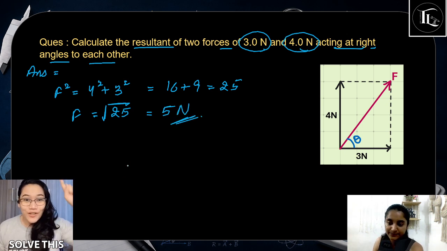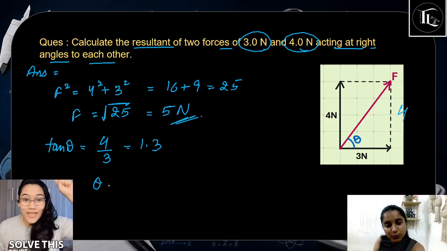5 Newton. Now comes tan theta. That is perpendicular by base. What is perpendicular? It is 4. And what is base? That is 3. So we can find it out and it will come out to be 1.3. So what is theta? Theta is tan inverse of 1.3.